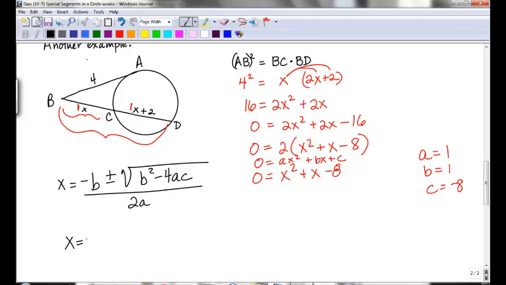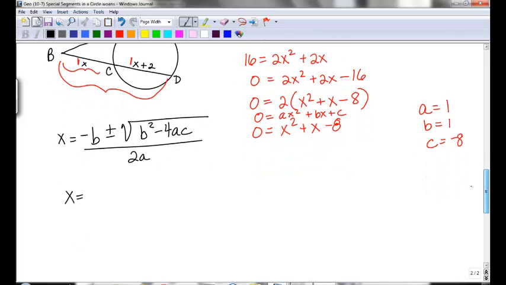Okay. When you do this, don't do simplifying. Just sub in, then simplify on the next step. People try to do too much at once. Just be opposite of b, plus or minus the square root of 1 squared minus 4 times 1 times a negative 8. And it's all over 2 times 1.